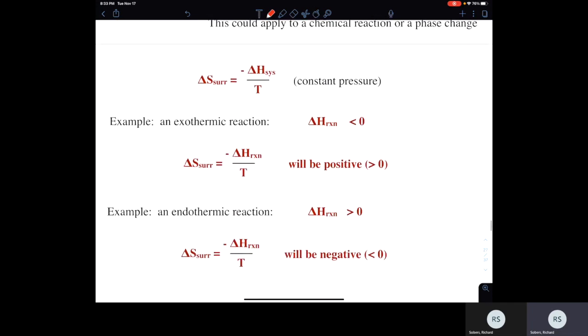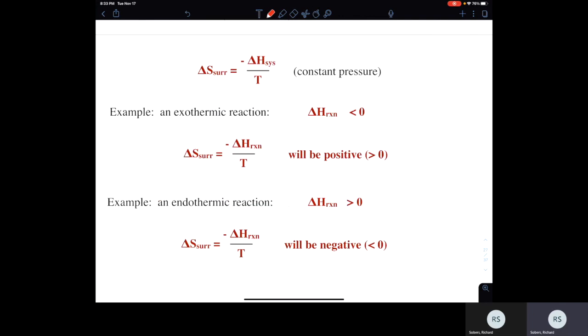So what if we had an exothermic reaction? Delta H for the reaction is negative because it's exothermic. So the surroundings, of course, are going to be endothermic, right?